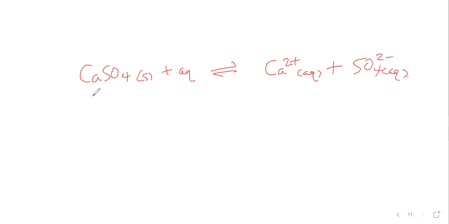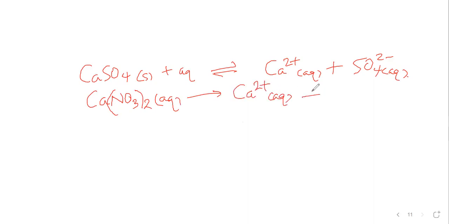When you add a soluble electrolyte like calcium nitrate, this one being very soluble, it will completely ionize to form calcium ions and nitrate ions.